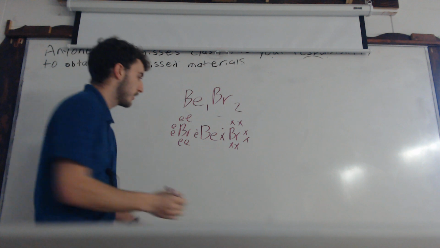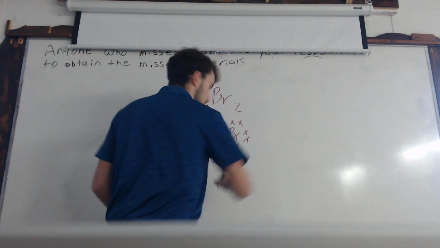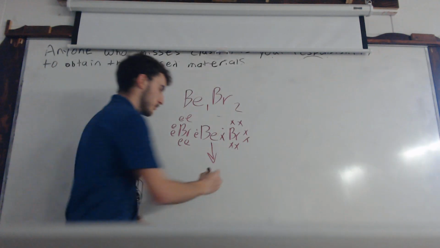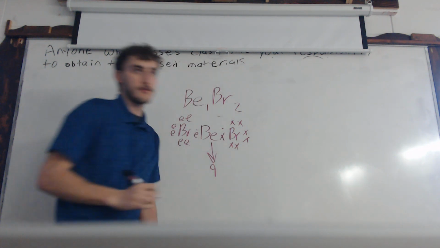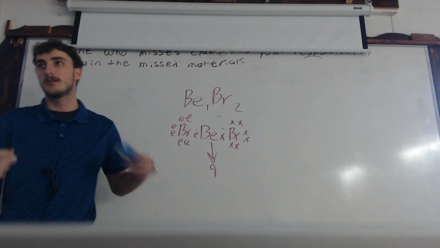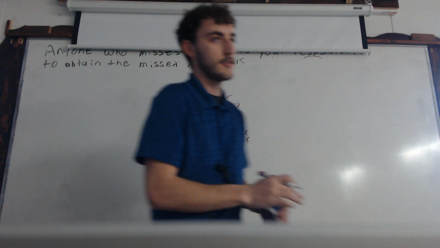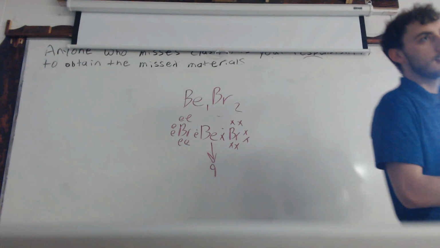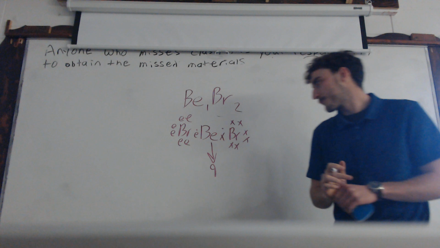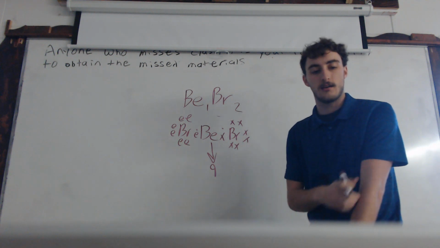It's 9. We know that. So this arrow, I don't know, it's just pointing to how I'm getting this number. So beryllium, atomic mass 9. Where do you find the atomic mass on your periodic table? At the bottom. Yep.